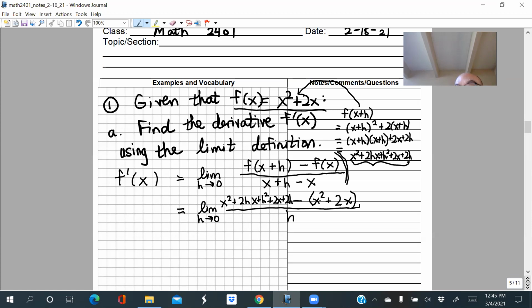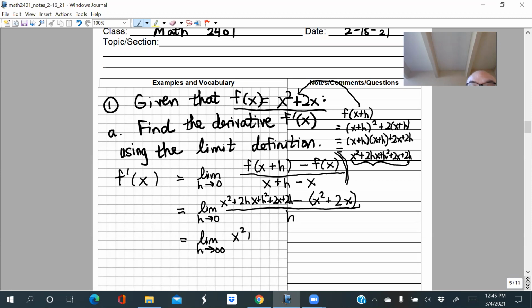And now you're going to subtract off, don't forget, x squared plus 2x. Well, when you subtract this off, what happens? You distribute the minus sign in the parentheses, right? So the signs change, and that's really welcome news there.